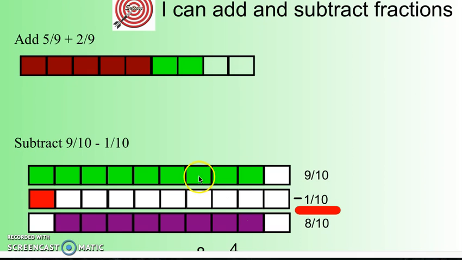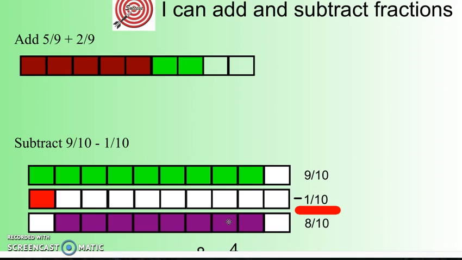Yeah, exactly. They are separated into 10 equal parts. This model up here has 9 shaded out of 10, and that represents 9/10. This one has 1/10 that's shaded. And then this one down here has 8 that are shaded out of 10, so 8/10.